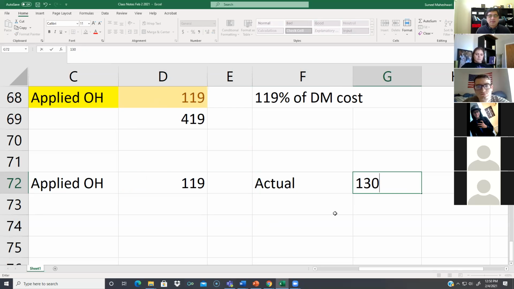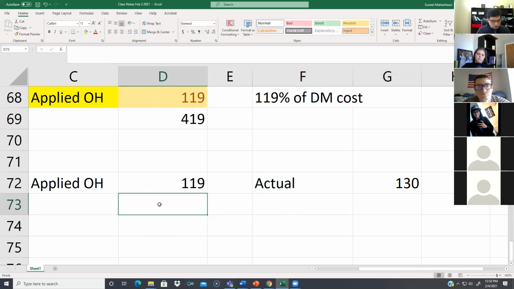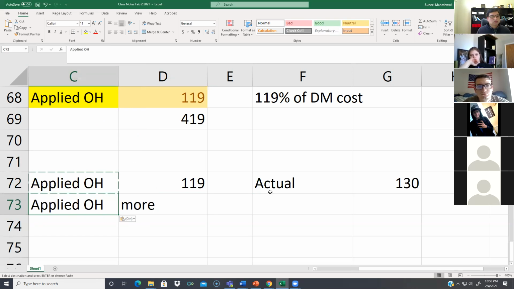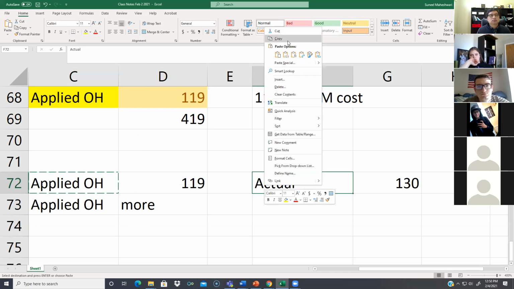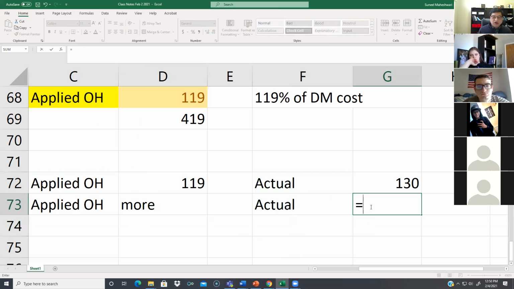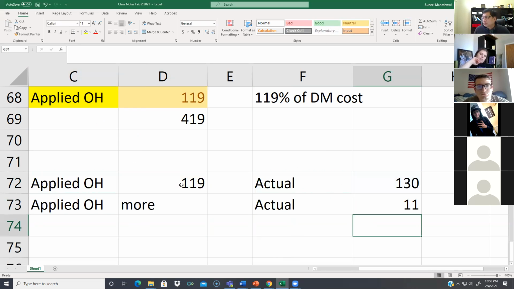Okay. That means applied overhead is more than the actual overhead by $11, right? And as I told you, accountants are very, very creative people.